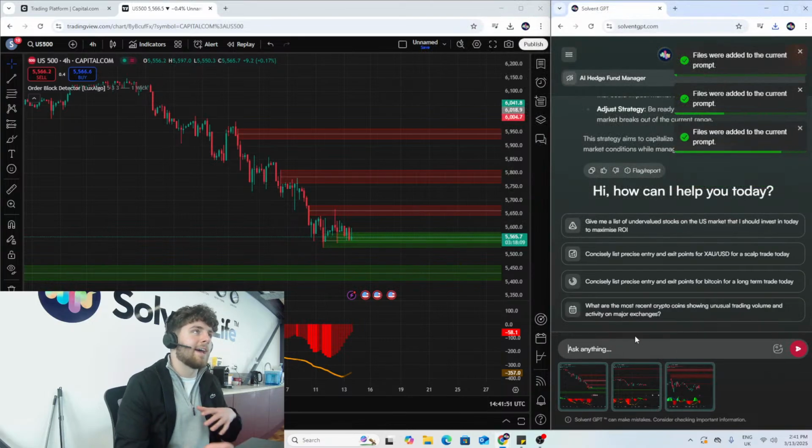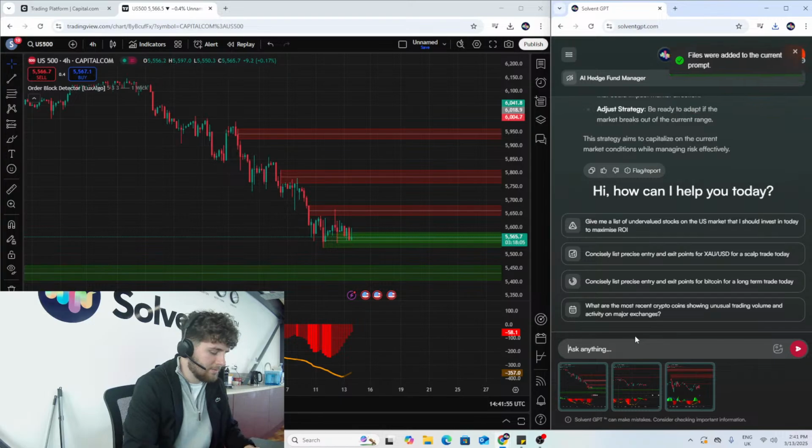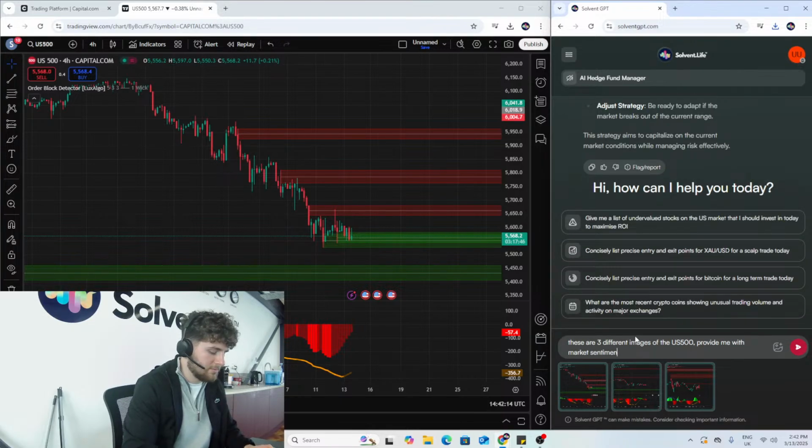Now I need you to analyze these and provide me with entry and exit points. So we can say, these are 3 different images of US 500. Provide me with market sentiment and a potential trade.